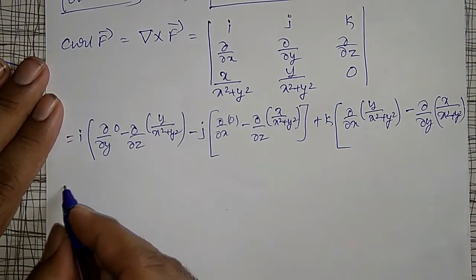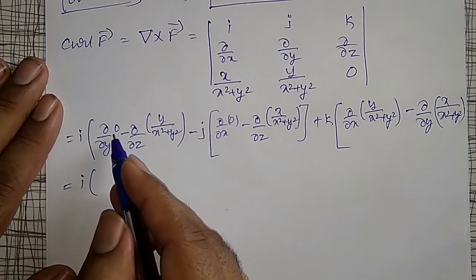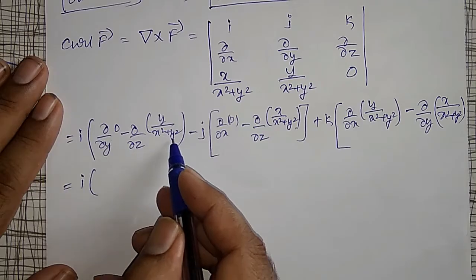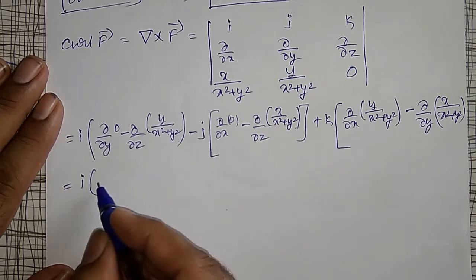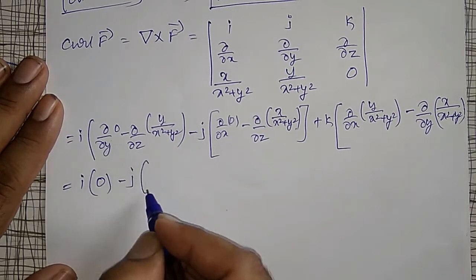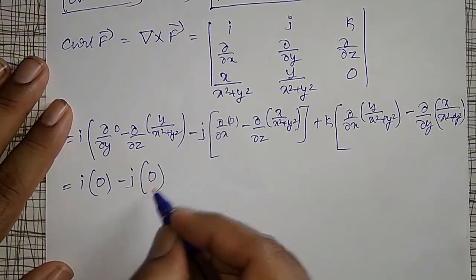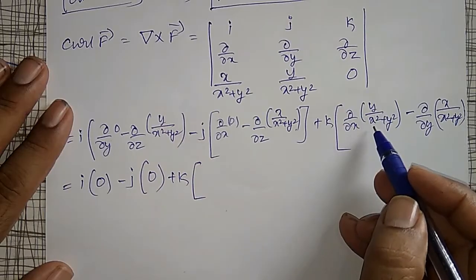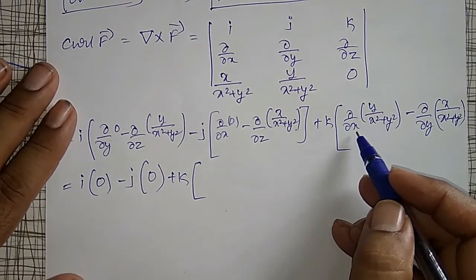Simplifying this, i into the partial derivative of 0 with respect to y is 0, the partial derivative of y divided by x² + y² with respect to z is totally 0, therefore 0, minus j into 0, same thing, plus k into the partial derivative of y divided by x² + y² with respect to x.